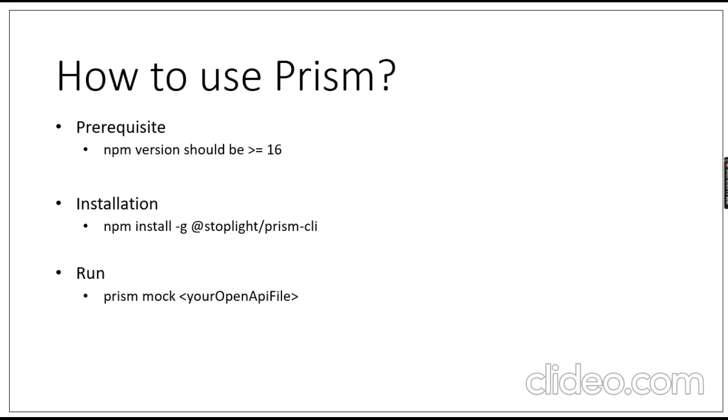This is the installation command with the help of which you can install the Prism tool. And this is a simple run command with the help of which you can start your Prism mock server. I will paste these commands in the description, so it will be easy for you to copy and paste them.